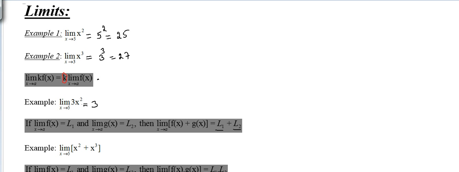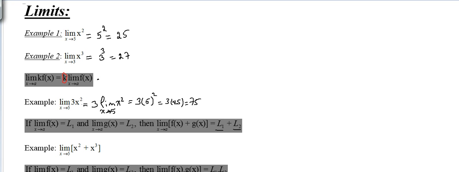We can rewrite the limit as 3 times the limit of x squared as x approaches 5, and that will be 3 times 5 to the power 2, which is 3 times 25, and that is 75.